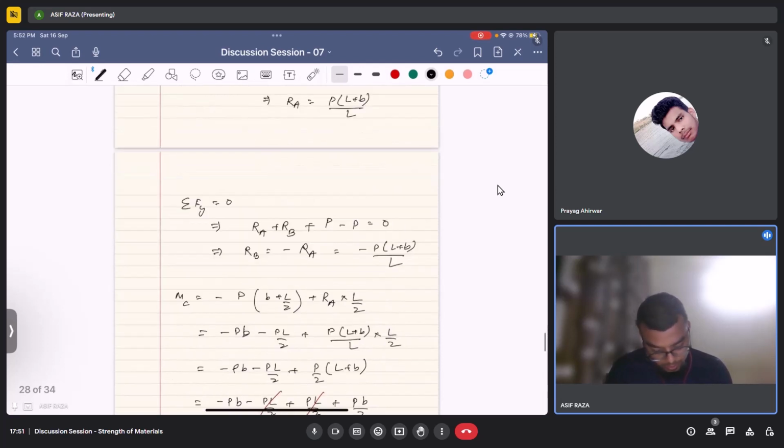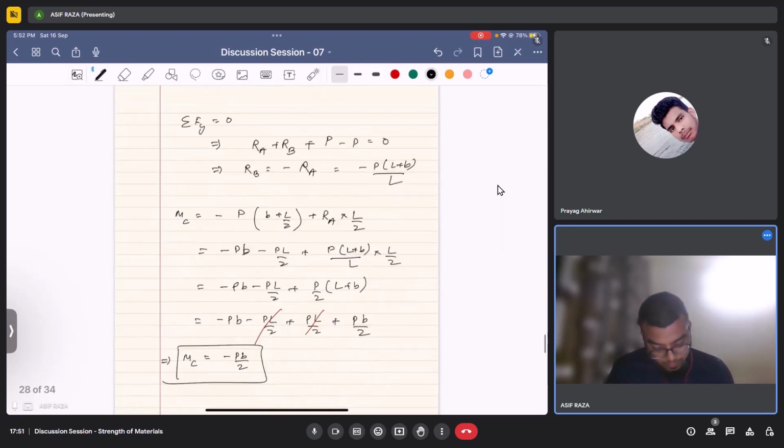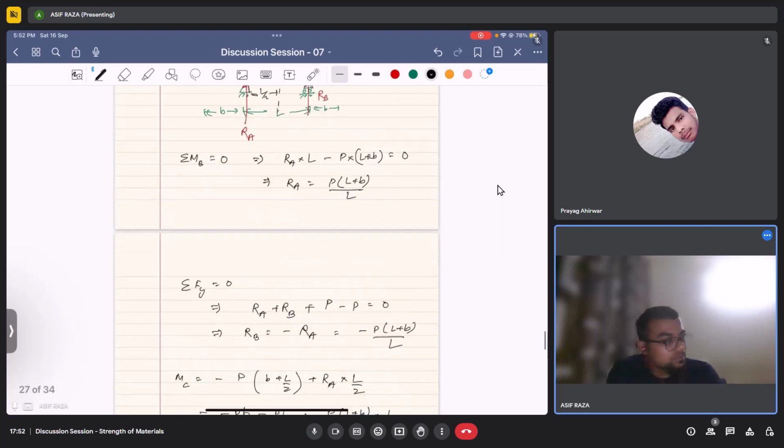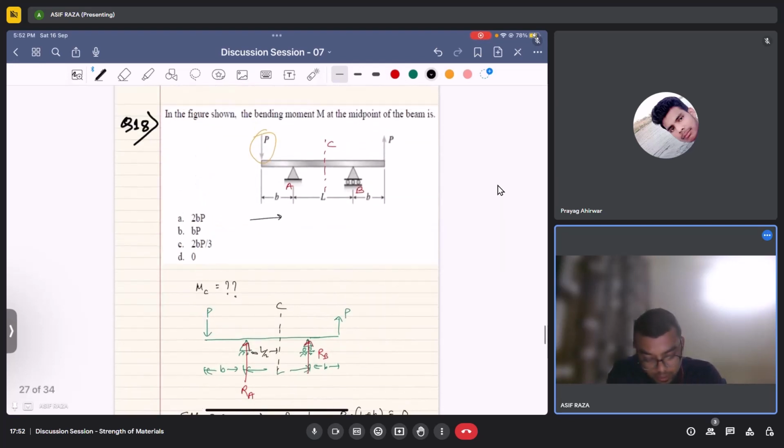Now RA is P times L plus B by L. Yes. Where am I making the mistake? Minus PB minus PL by 2 plus PL by 2 and PB by 2. I don't know. Moment should come out as PB by 2.